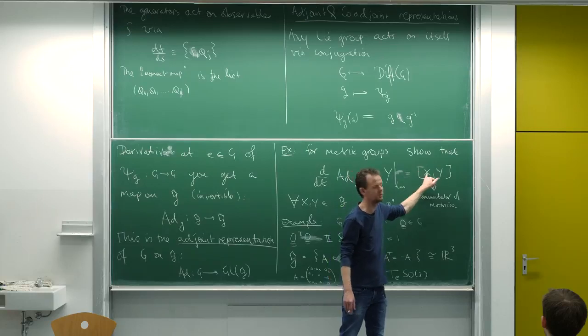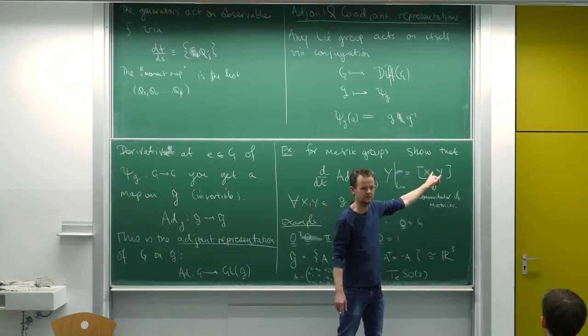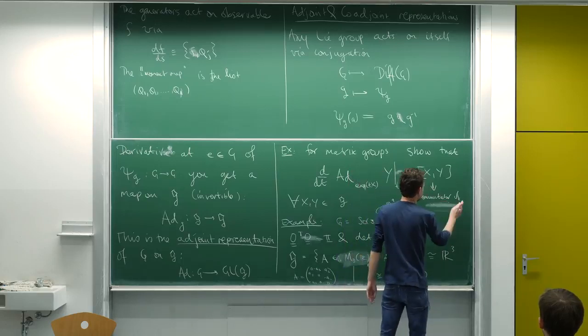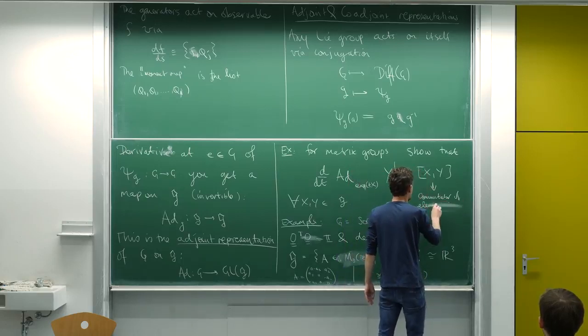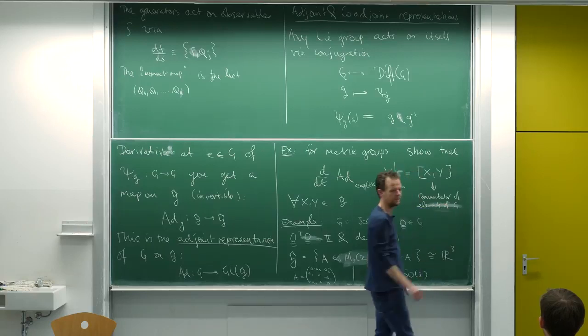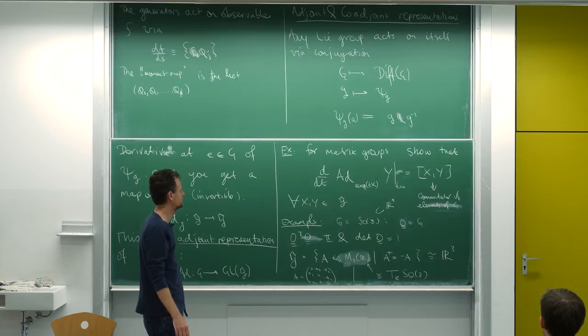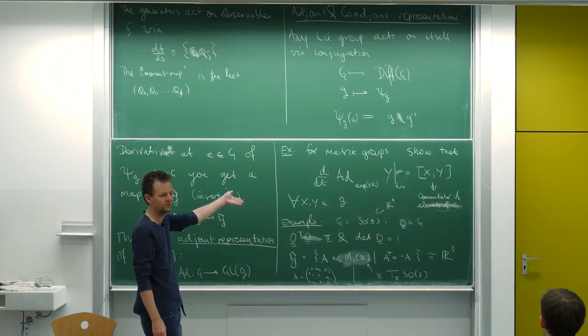It's just the product in the group, XY minus YX. So we've put a ring structure on the group. But that's basis independent as well.